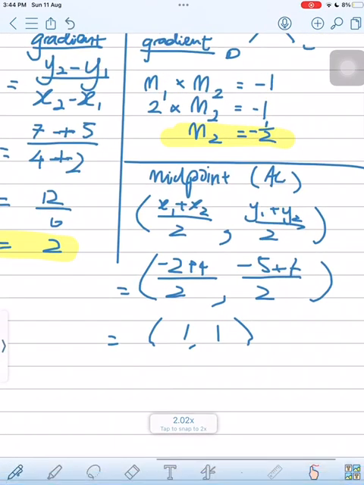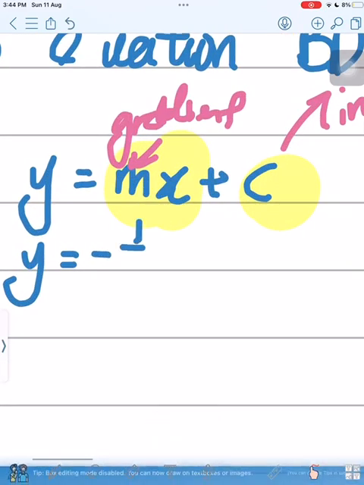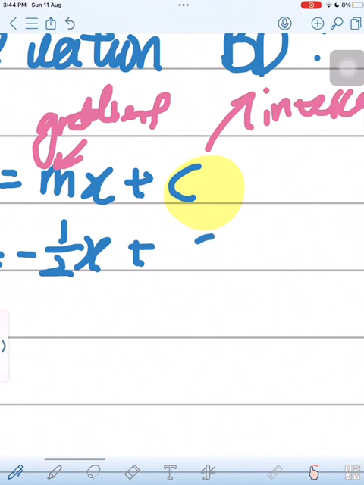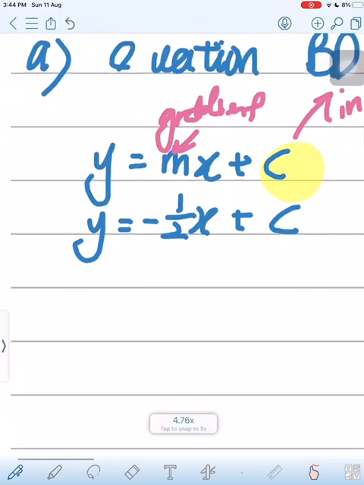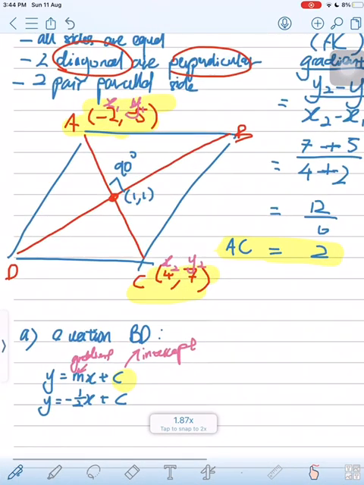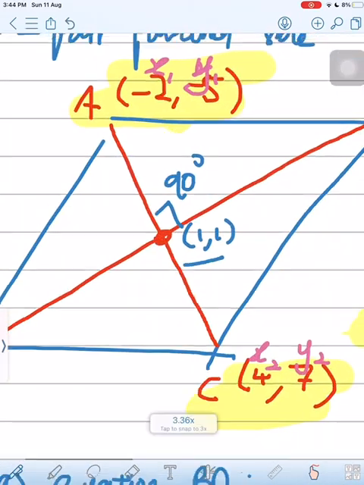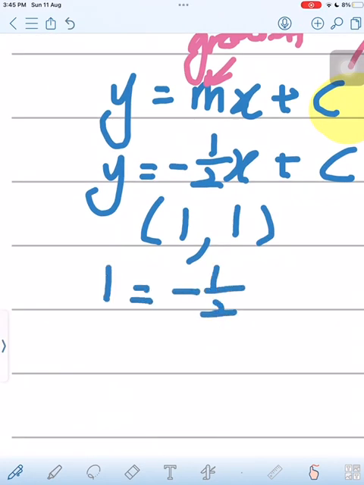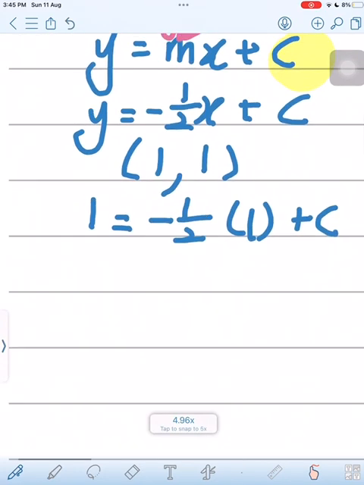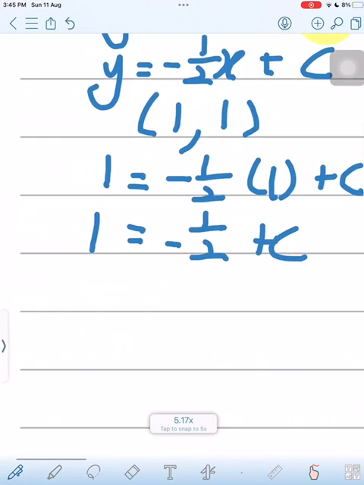So y equals, our gradient is -1/2, bring down the x, plus c, because we don't have the intercept yet. The only point that we have right now for BD is 1, 1. So we substitute that in: y becomes 1, x becomes 1.